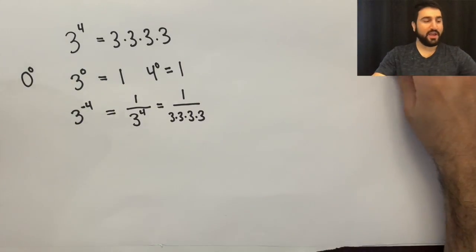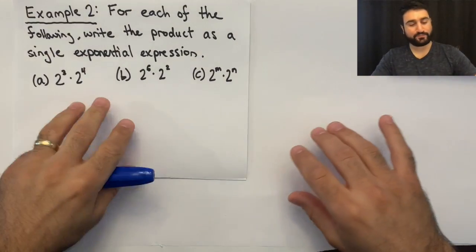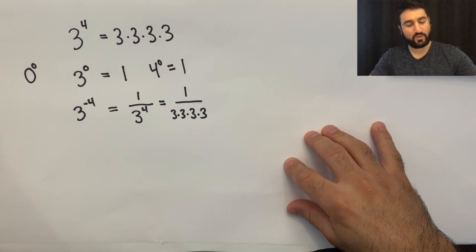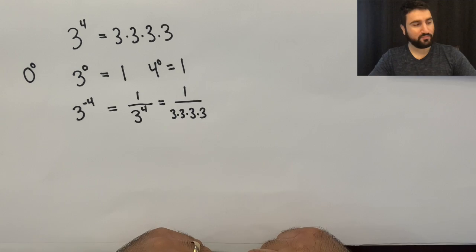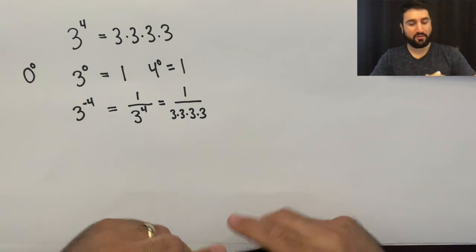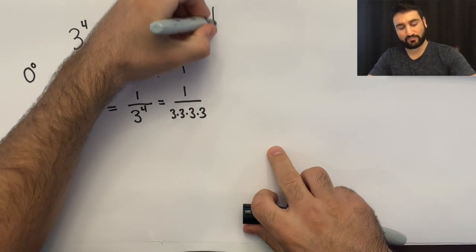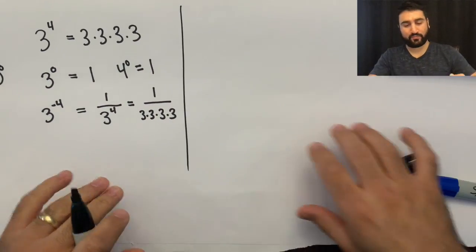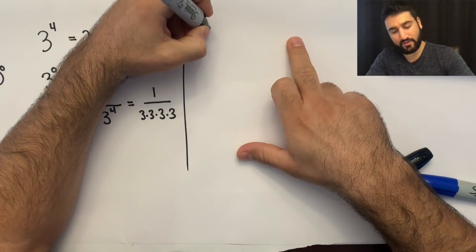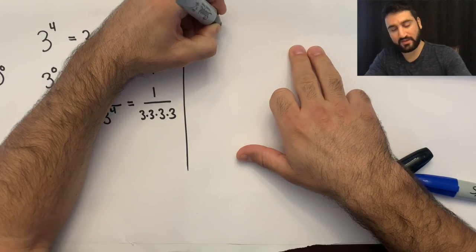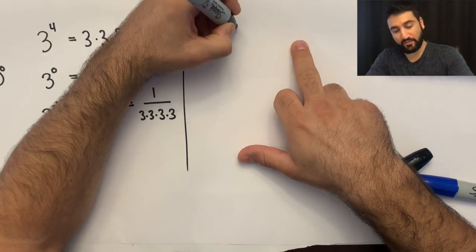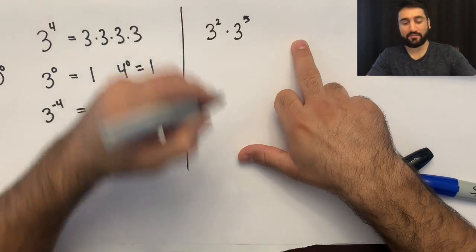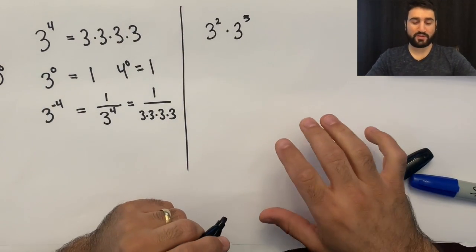Let's learn another concept here. And this is in regards to multiplying powers. So, if we have 3 to the 2nd power, and then we multiply it by 3 to the 5th power, what's the rule here?